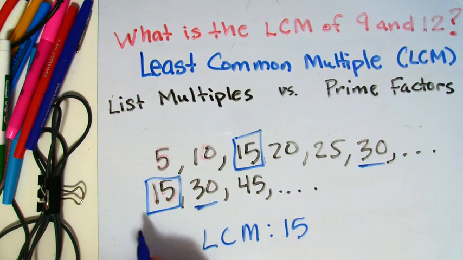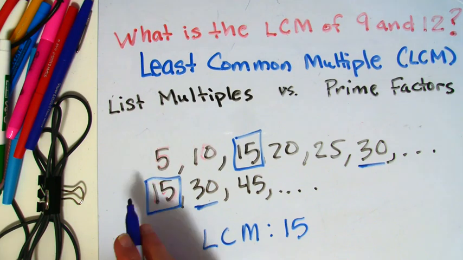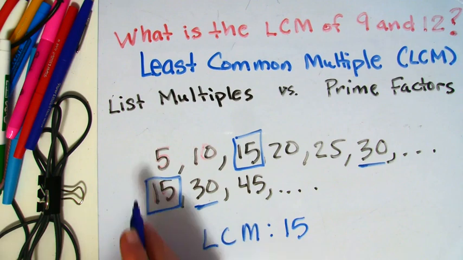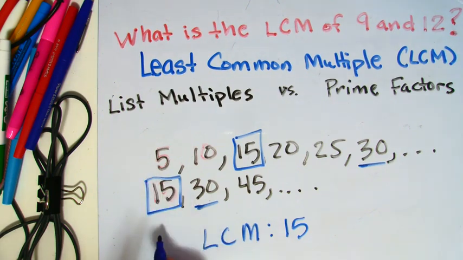Now in this case, I demonstrated how to find the lowest common multiple by creating a list for each number. And we could do this for other numbers. You can even have 3 numbers that you're comparing.